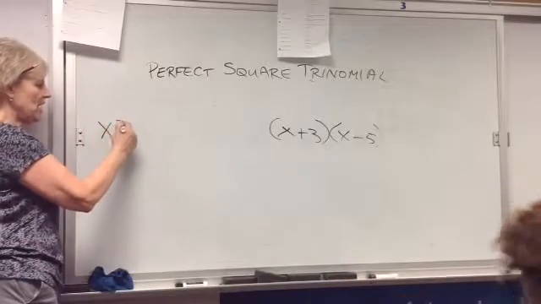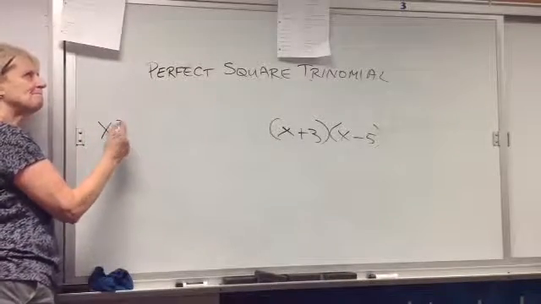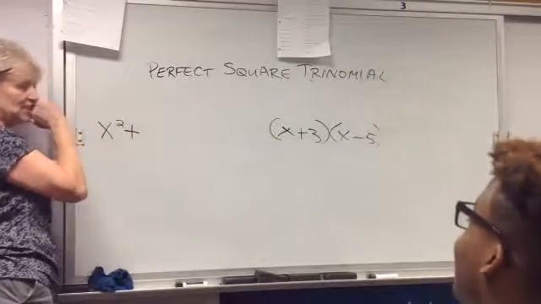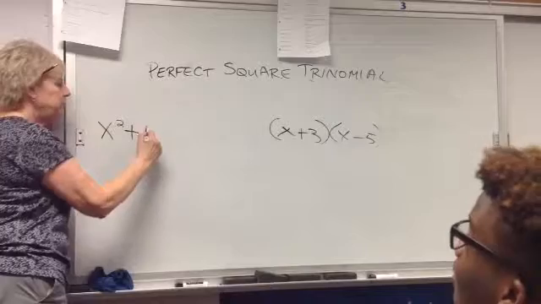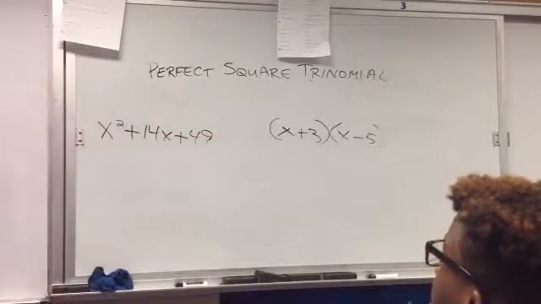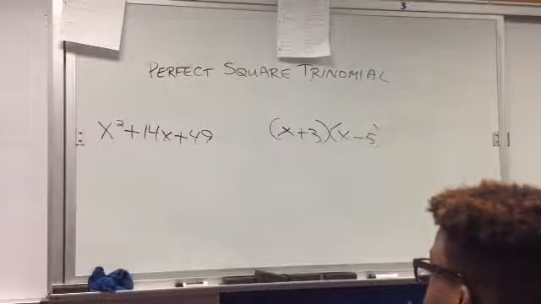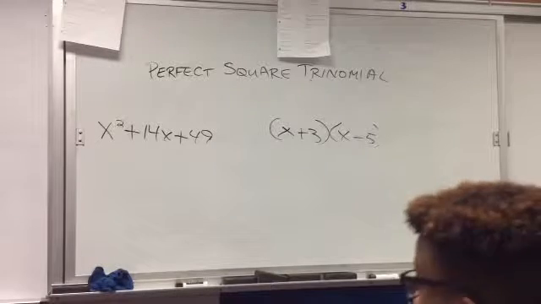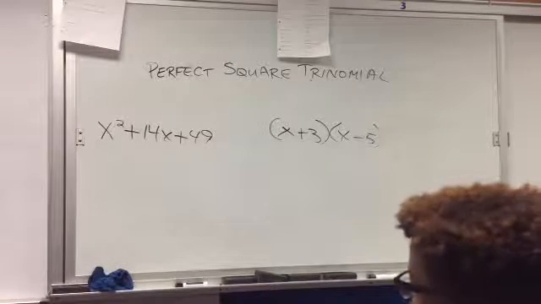So x squared plus 14x plus 49. Is that a perfect square trinomial? No. Yes. Because it's 14x. Can't do anything with 14x. Actually, yes, you can. That is because it's going to be x plus 7.